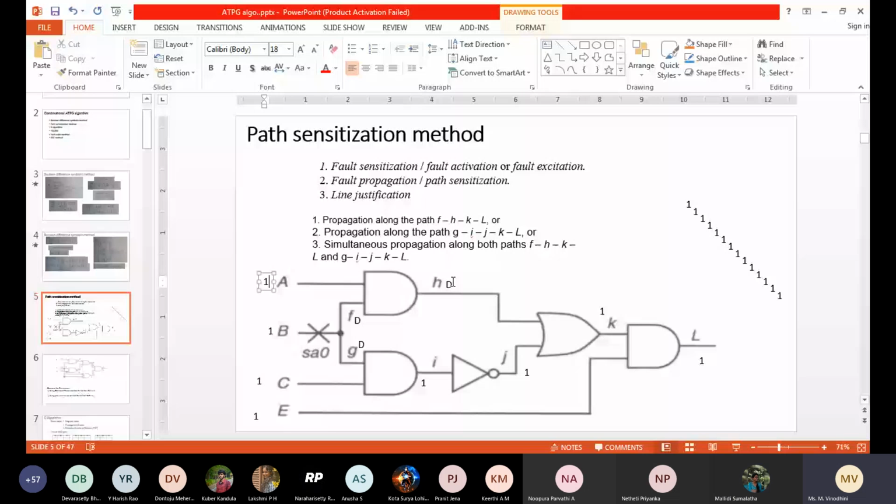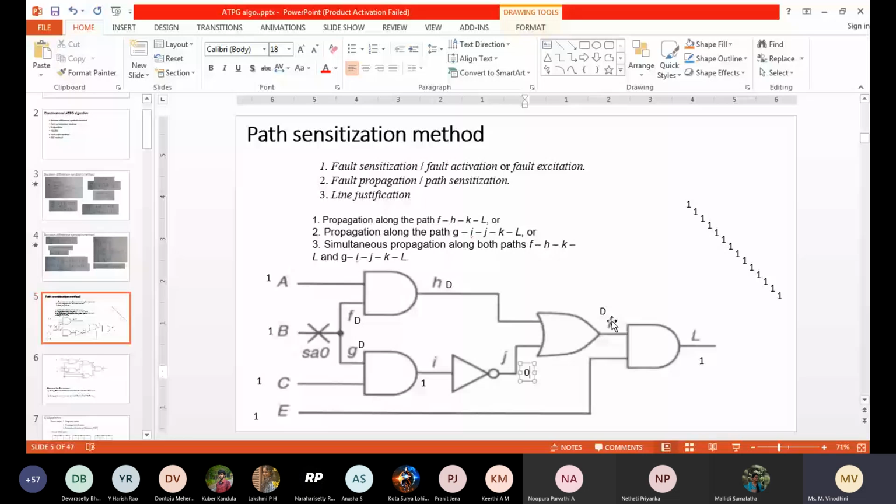Now this D, I need to take it to K. I'm just taking it to the output through the considered path. If I want to get K as D, what should my J be? 0. This is an OR gate. 0, correct. So 0 plus D will be D. Who gave this answer?